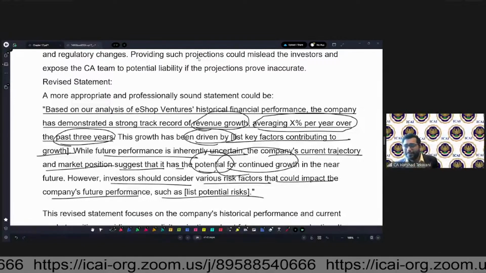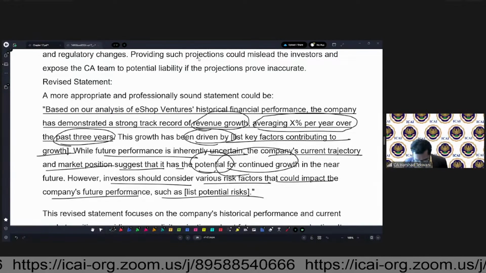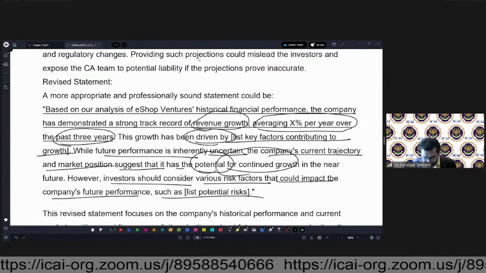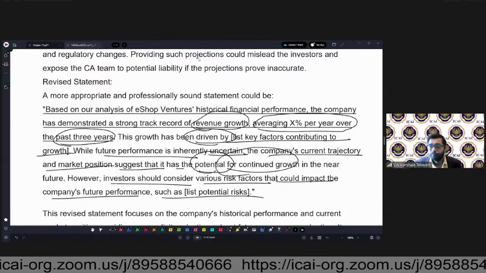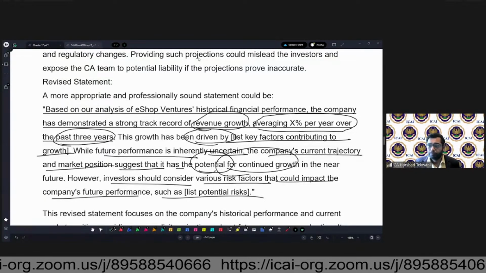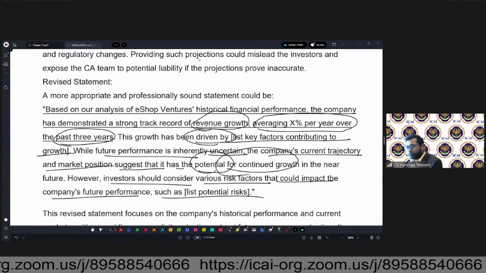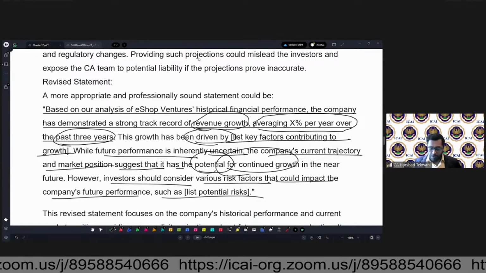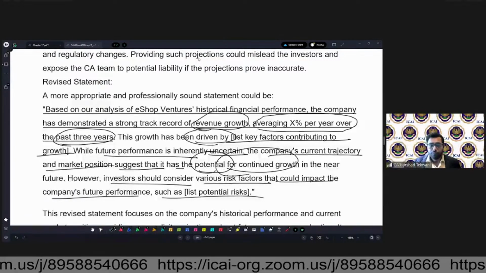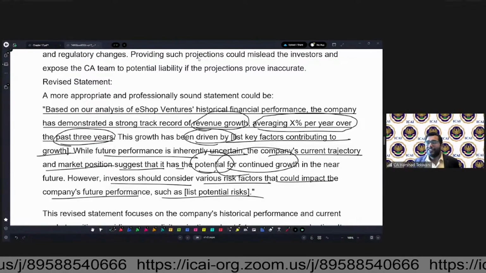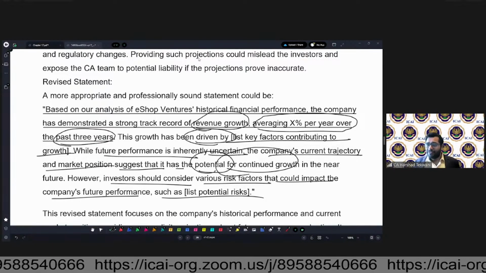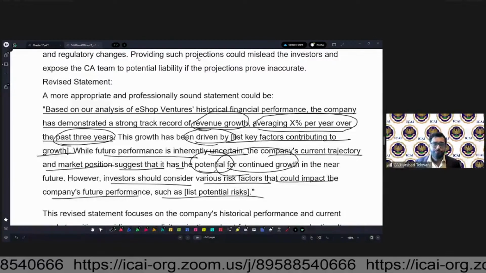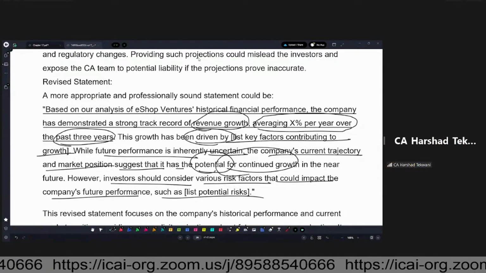Come on, quickly, guys. Is it possible for an investigator to take sample testing instead of a 100% approach? Is it possible? Yes or no?